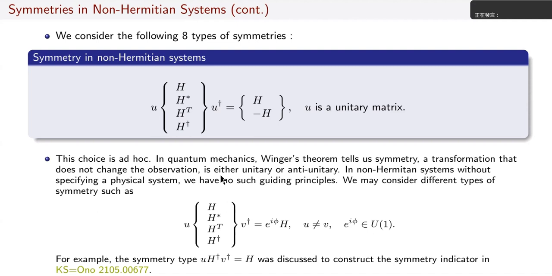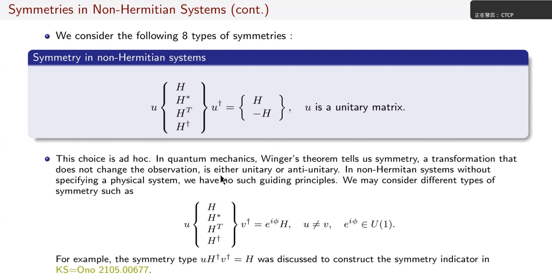Yeah, I introduced 8 types of symmetries in the non-Hermitian system. The first one is H itself, complex conjugate, transpose, dagger, and also on the right hand side I have a plus or minus sign.